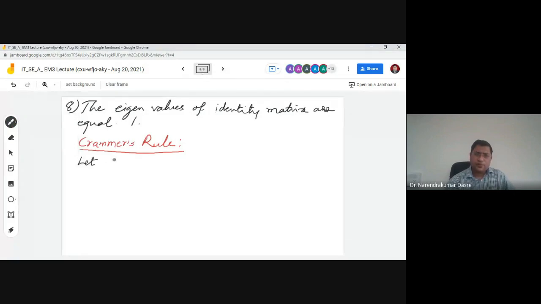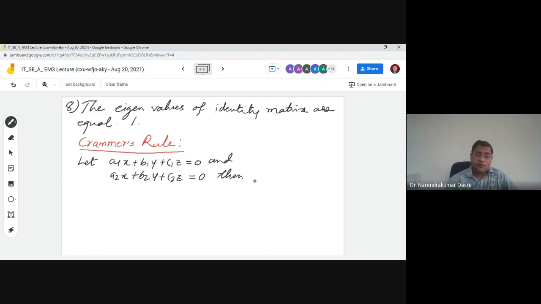Suppose a1x plus b1y plus c1z is equal to 0, and a2x plus b2y plus c2z is equal to 0. These are the two equations.